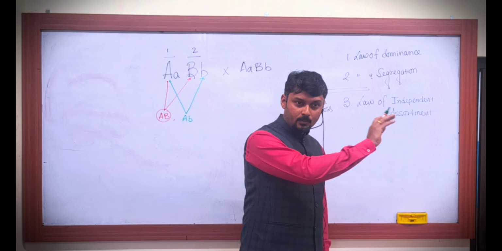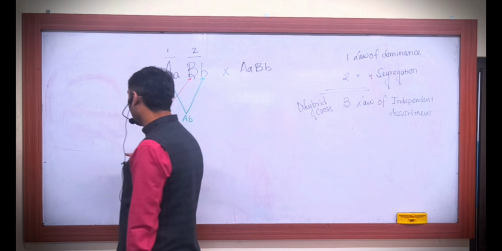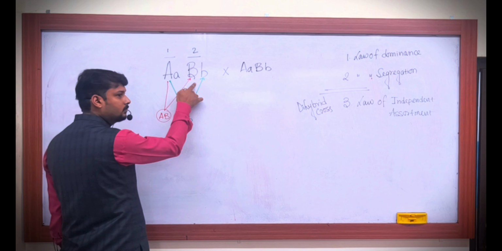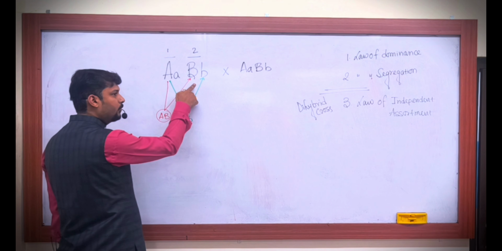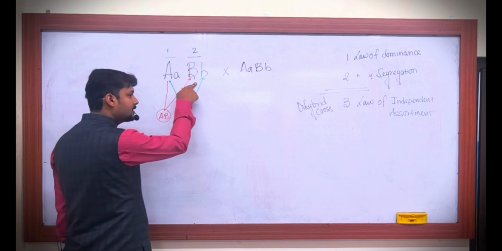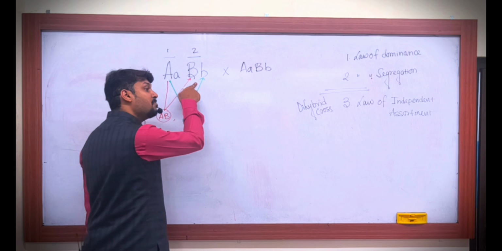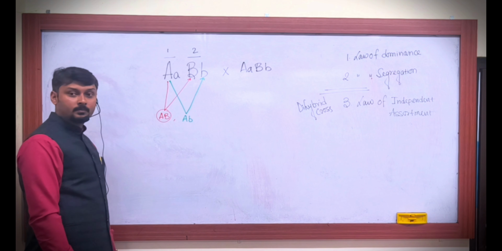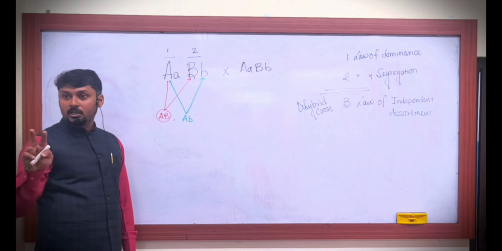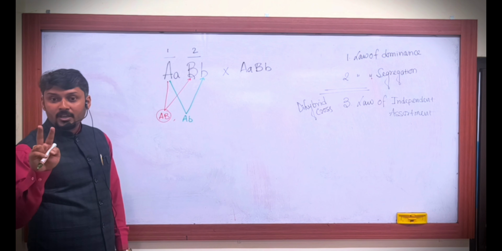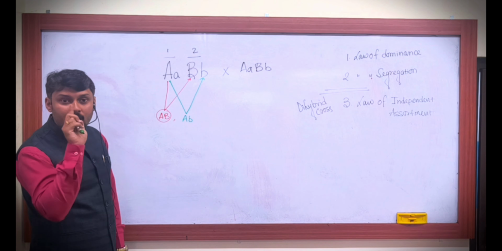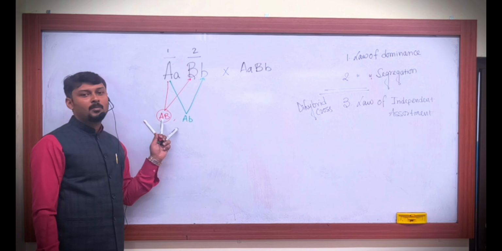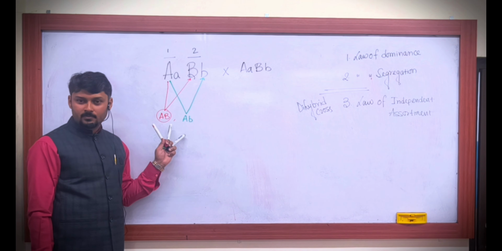Clear or not? Okay. So how will gamete formation happen? If 2 genes are present, listen to me very carefully: every member of the gene will be present in the gamete formation. Minimum 1A is here, minimum 1B is there.